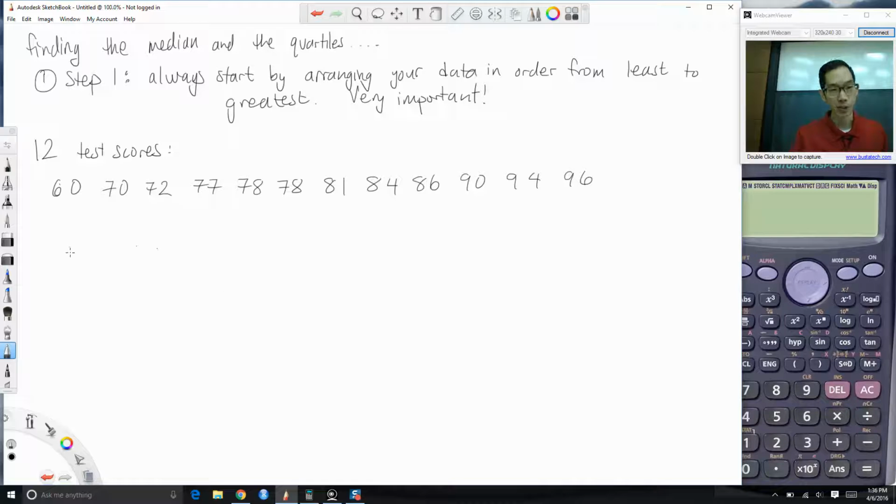So if I've got 12 test scores, how many are going to be smaller than the median? 6, right? So the median is the spot where half are smaller. 12 divided by 2 is 6, so 6 values are smaller.